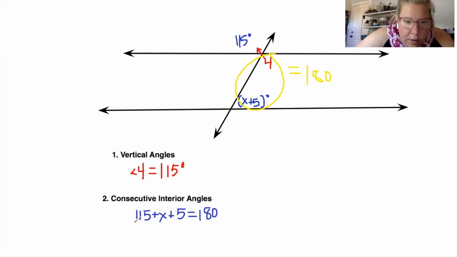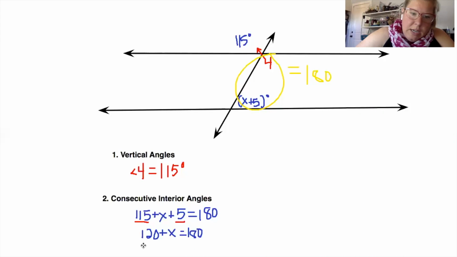Notice this and this, I can put those together. They're all just normal numbers. So when I put those together, I have 115 plus 5 is 120. Nothing has happened to my x yet, and that still equals 180 degrees. So pretty simple one-step equation.